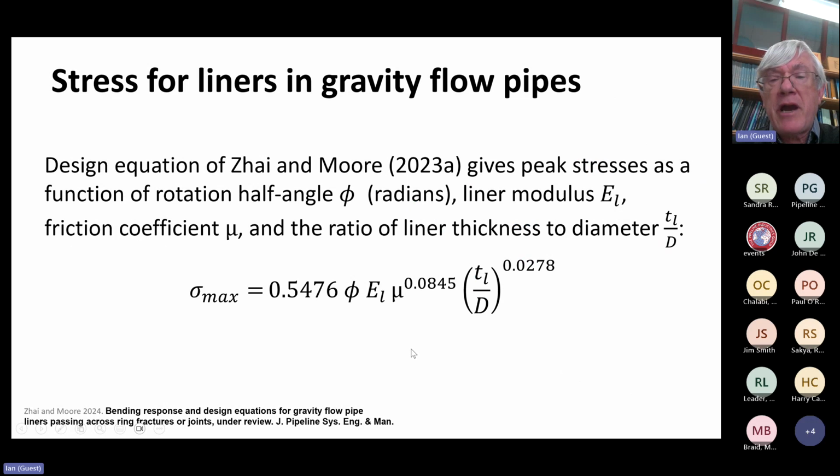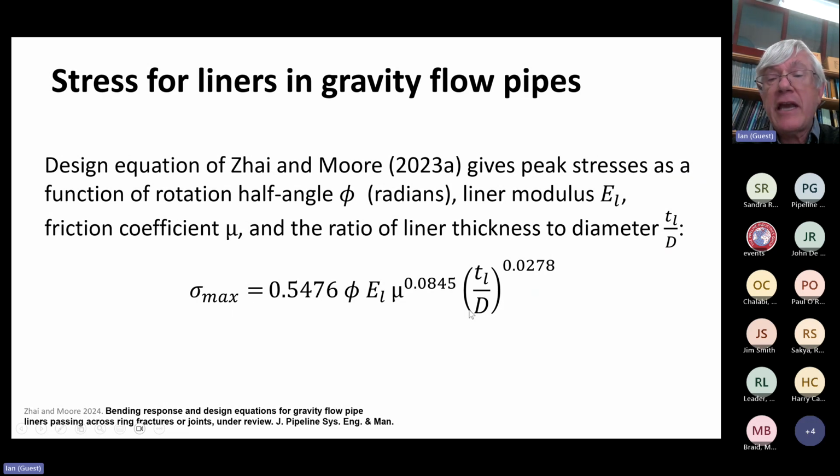He performed a parametric study where he looked at a range of different pipe geometries, a range of diameters, a range of liner thicknesses, t subscript L, a range of friction coefficients, mu, between the liner and the host pipe, a range of liner moduli, and then this rotation half angle phi.